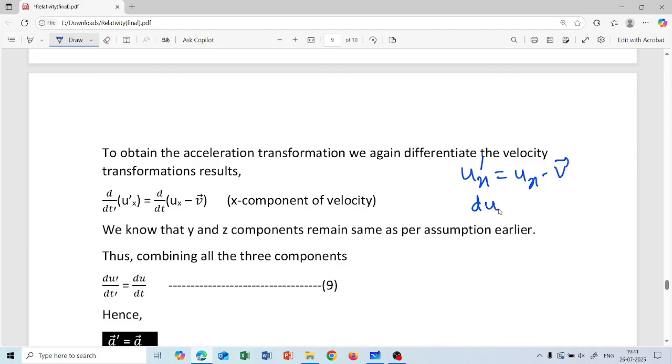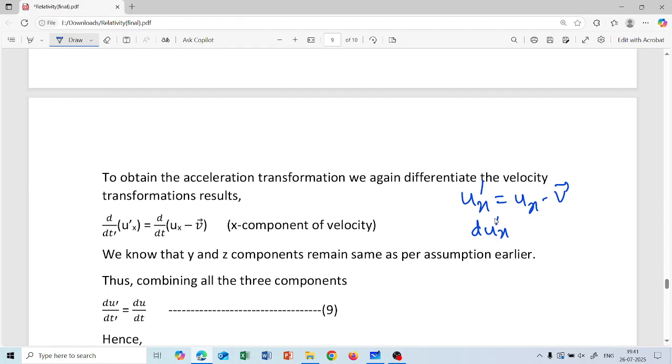Now if I differentiate with respect to time again, dux prime by dt prime is equal to the differentiation of ux with respect to t minus v, and since t prime and t are the same, ax prime is equal to ax.